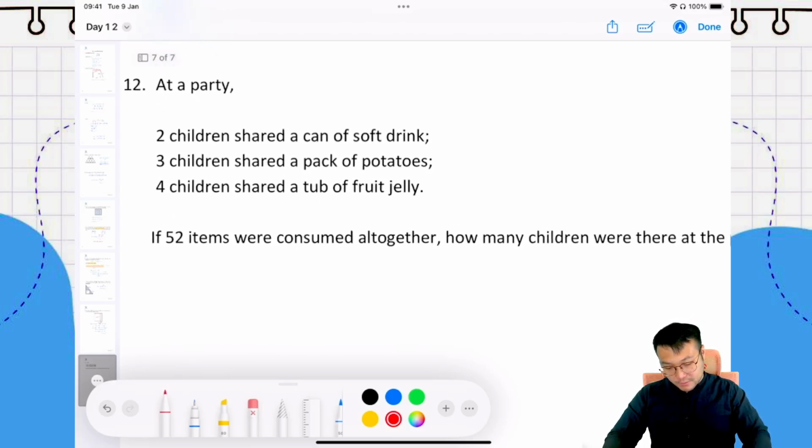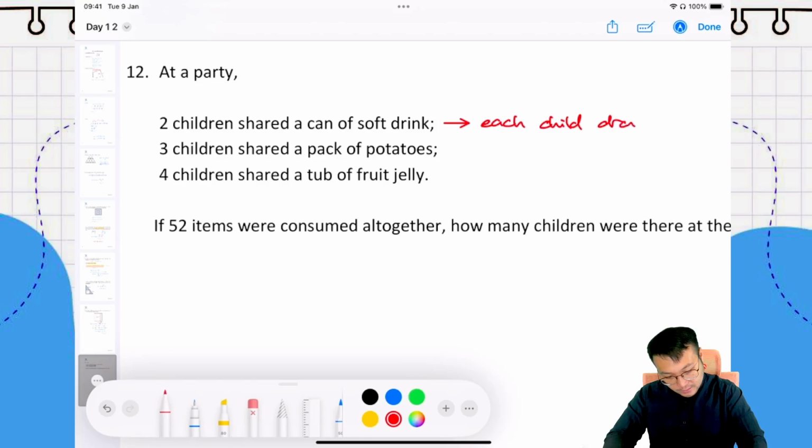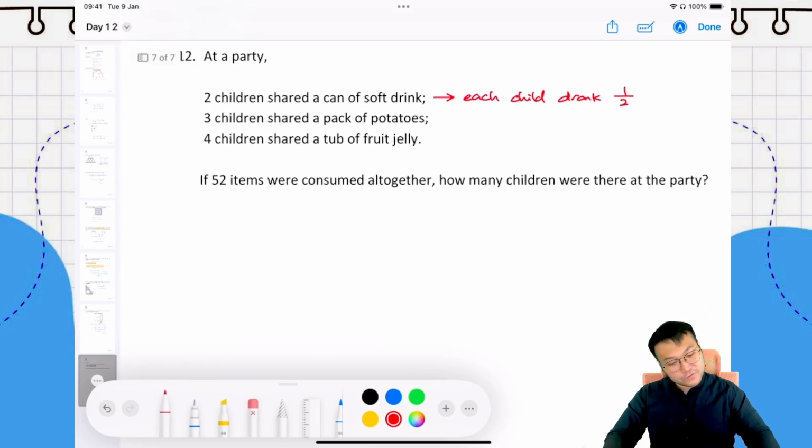Now let me give you a hint. What does it mean when they say 2 children share a can of soft drink? If 2 children share a can of soft drink, that means each child drank half a can of soft drink. Correct?